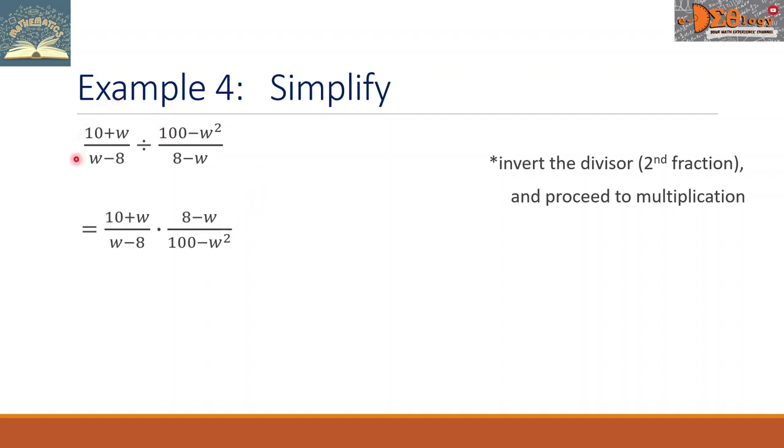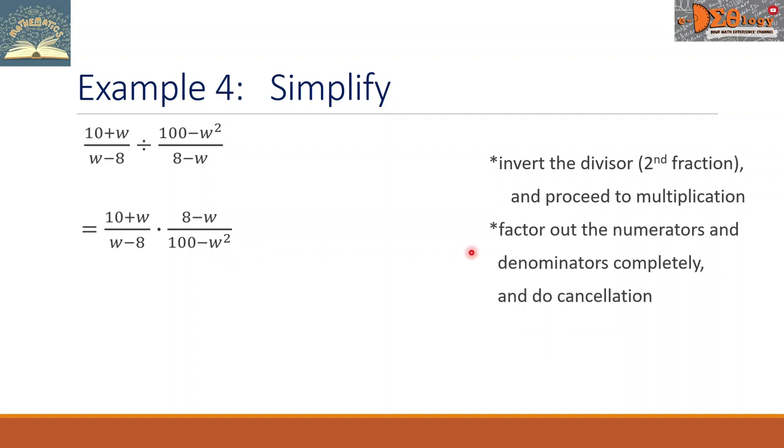That means the first rational expression we copy down here, times we invert this fraction. So the 8 minus w is now in the numerator, all over 100 minus w squared. We factor out the numerators and denominators completely, and let's do cancellation if possible. In the first rational expression, it is already simplified, so we just copy as is.